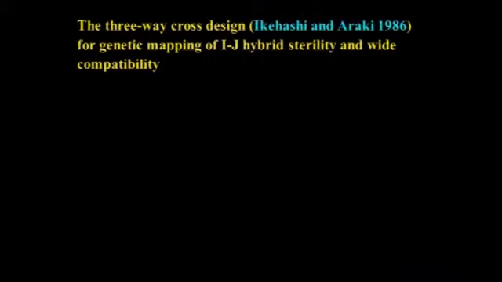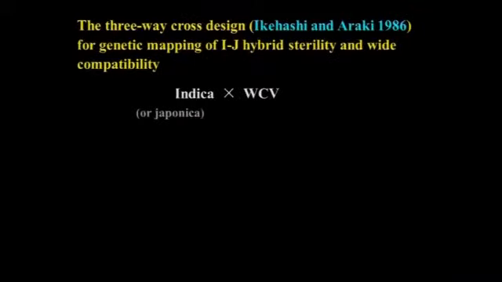And so over the years, people have tried to understand how wide compatibility is controlled genetically. It's a cross called the three-way cross design, which goes like this. Indica by wide compatibility variety. The wide compatibility variety could look phenotypically like either one or the other.